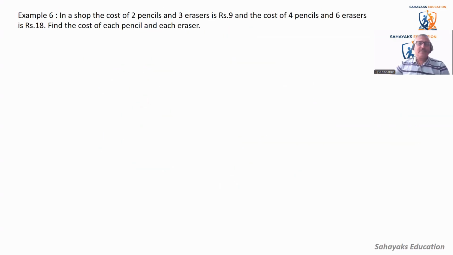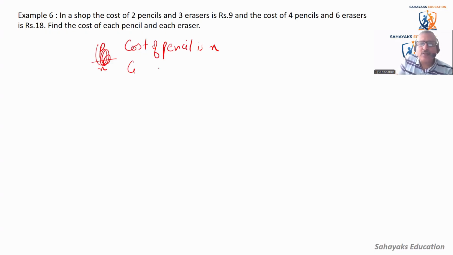Now we have to do these things with the substitution method. The graph part is over. Now we have to do it with substitution method. In a shop, the cost of 2 pencils and 3 erasers is 9. So again, I'll say the cost of a pencil is X. You have to write all these things.